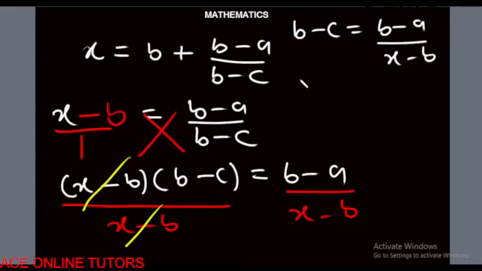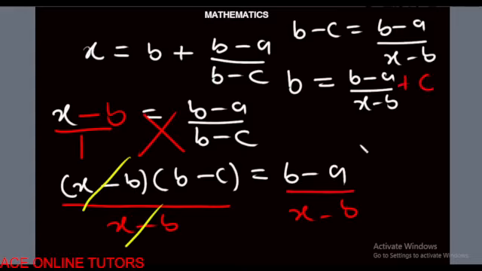Now what are we going to have? On this side we are going to be left with only b, equal to, on the other side, (b minus a) over (x minus b), then the c that we are bringing, that is plus c. Now look at it. What is now disturbing our c? It is now this particular fraction. So what do you do to it? You take it to the other side too, so that you'll be left with only c.